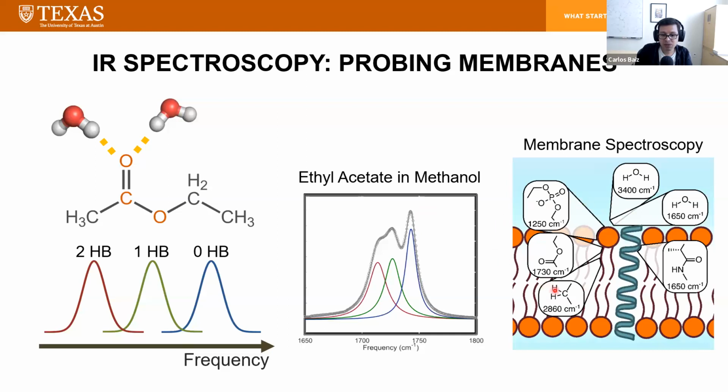In particular, as you know, phospholipids have these ester carbonyl linkages, and these are very useful because these carbonyls sit right at the interface between the hydrophobic center of the membrane core and the hydrophilic environment around it, right? So we've done a lot of the previous work on natural membranes using these carbonyl probes to look at the interfacial environments.